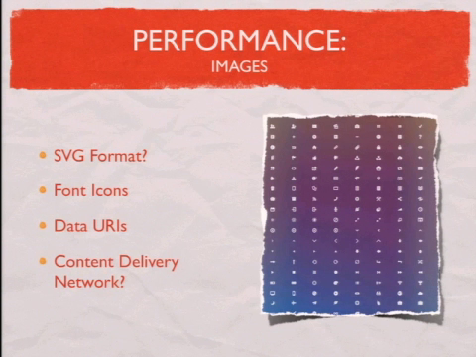And then, of course, there's this option of content delivery networks, which there are some open source ones out there. What that means is they help serve up content to people around the country for you, so speeding up download times.